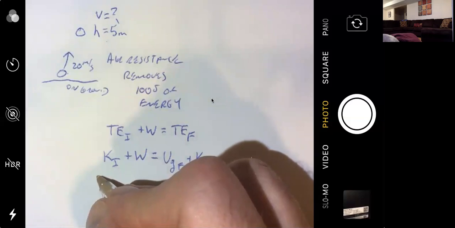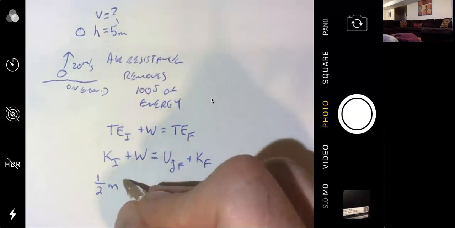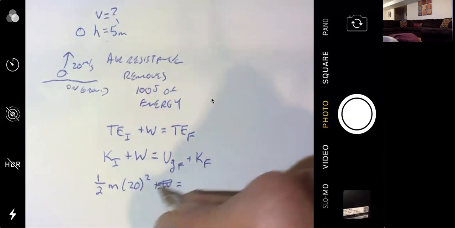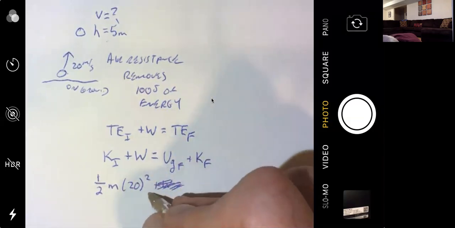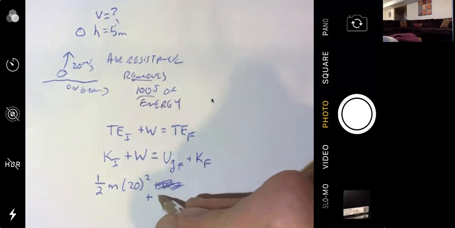Now, this one, I didn't give you m, so I'm going to go ahead and do it without the mass because I want to show you something. All right, so I've got plus W. And this is the way I prefer to do it. I always put plus, and then I remember that I'm removing 100 joules, so I'm going to put plus a negative 100 joules. Now, if you're like, Mr. Caldwell, I know that's a minus sign, go ahead and do that.